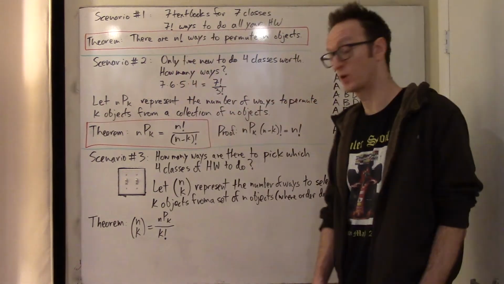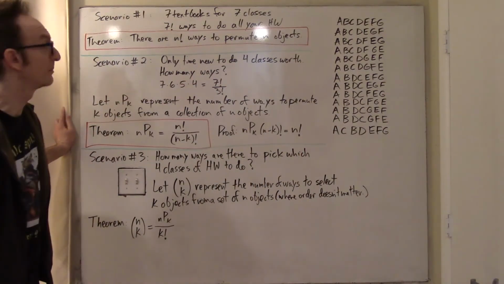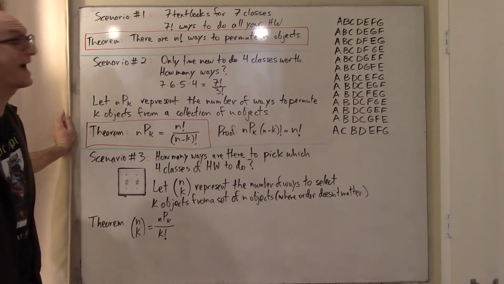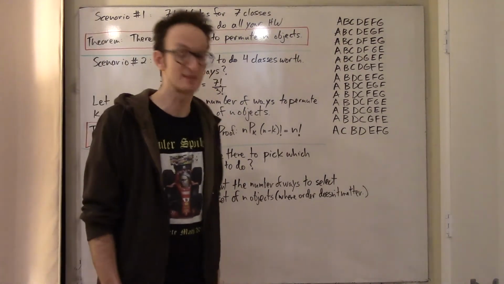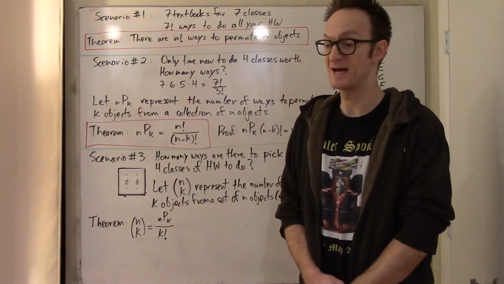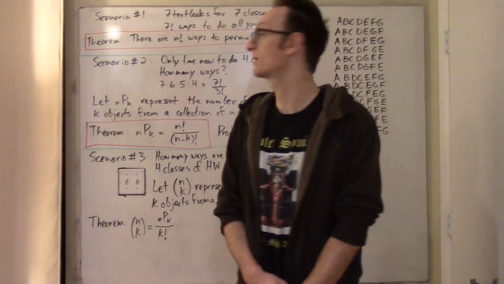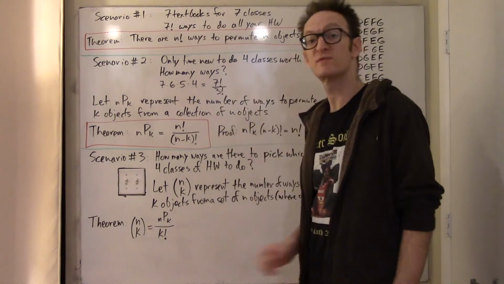What did we do? A quick summary. This was the setup. We had a scenario in which we had 7 classes worth of homework, represented by 7 textbooks.